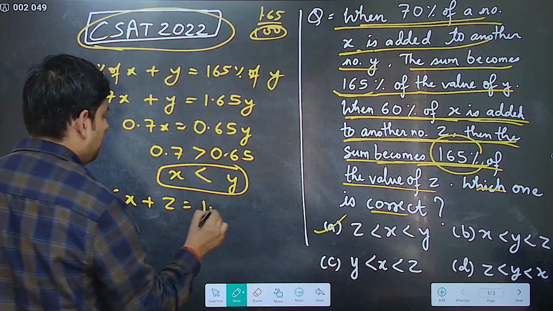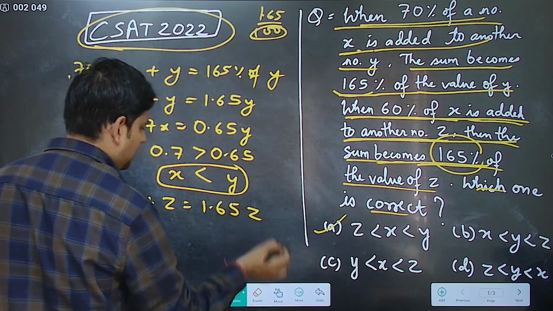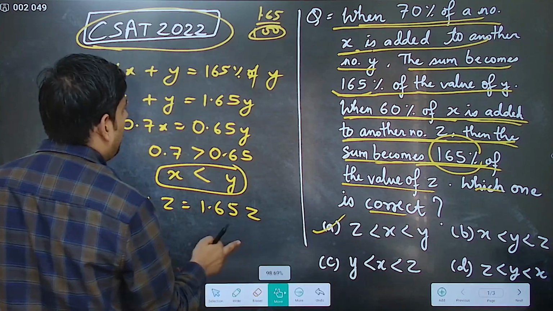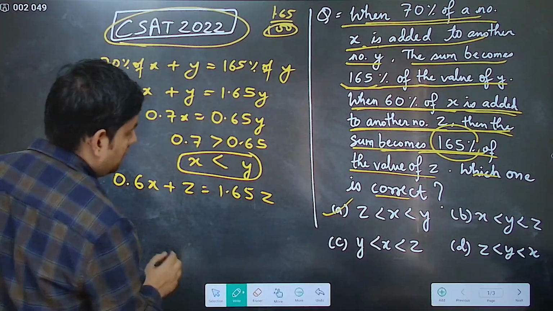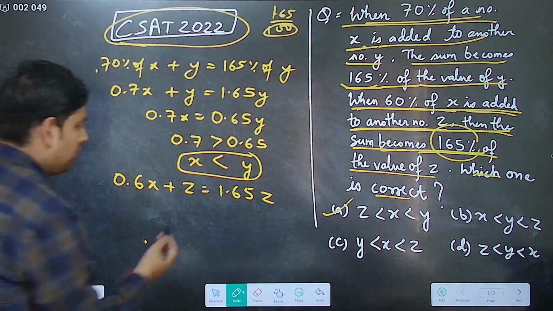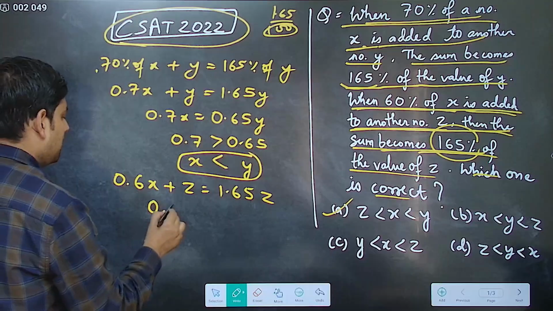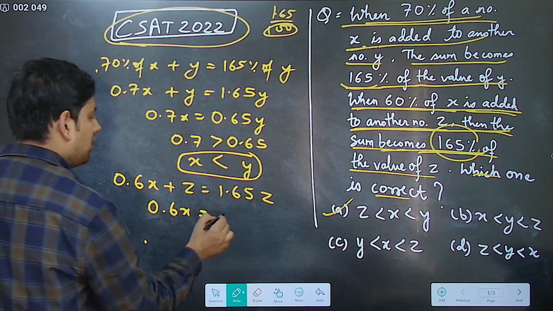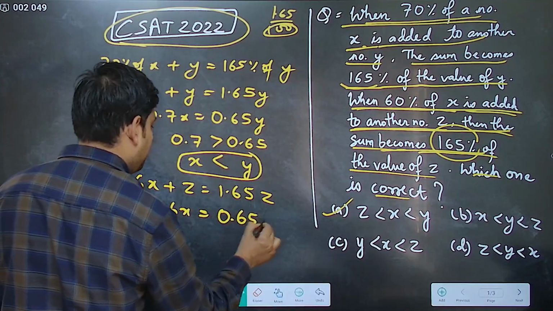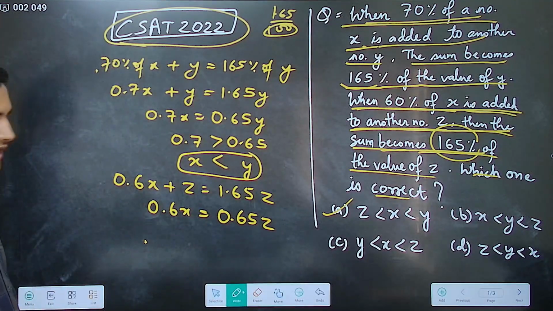That means 1.65z. Now what do you do? You send that z there. What will you get? 0.6x equals 1.65 minus 1, what will you get? 0.65z.